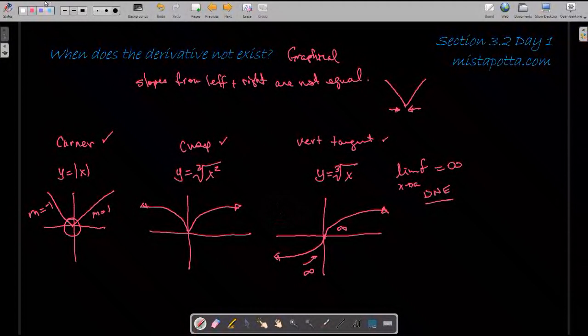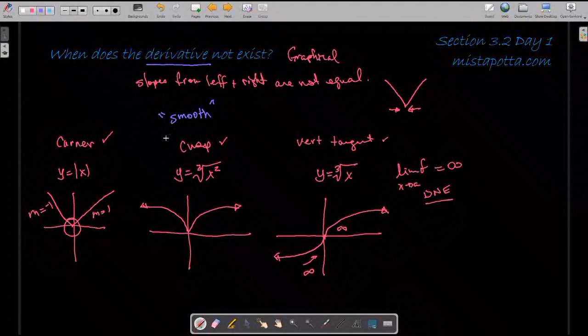And there's actually a word that mathematicians use for these situations. We talk about a function being smooth. If there are none of these corners or cusps or vertical tangents, smooth is synonymous with being differentiable.